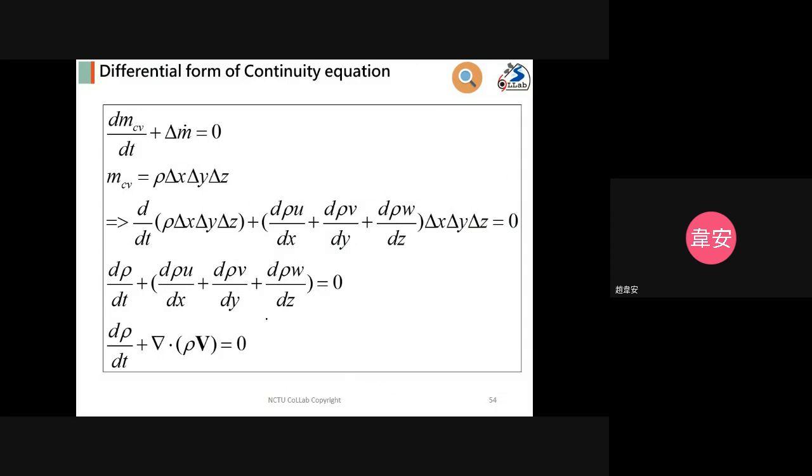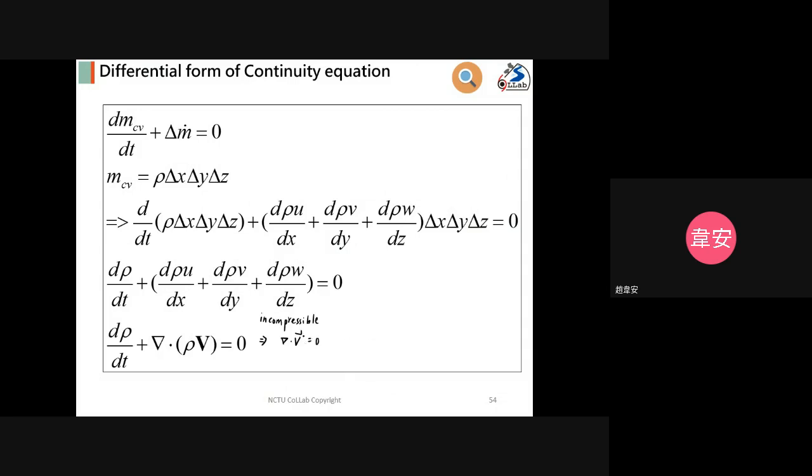And as we say, if the flow is incompressible flow, then we can rewrite the equation so that only the divergence of the velocity field vector is equal to 0.